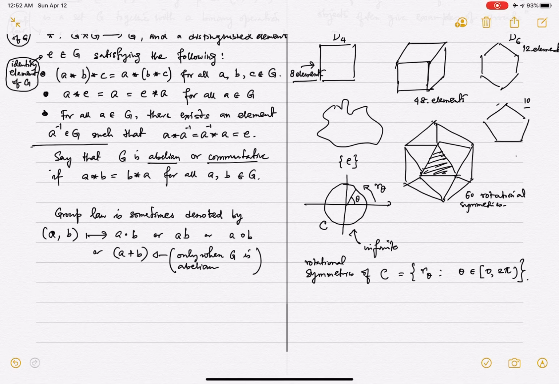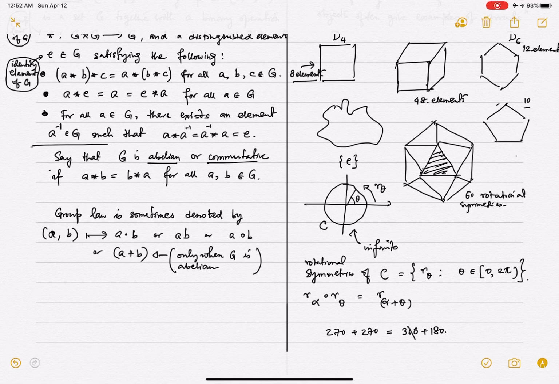And then the group law here is rather simple. When you apply a rotation by theta and then apply a rotation by alpha, you get r of alpha plus theta, but you have to read this mod 2 pi. Meaning if you take 270 degrees and 270 degrees, then you get 180 degrees, because 270 plus 270 gives you 360 plus 180.